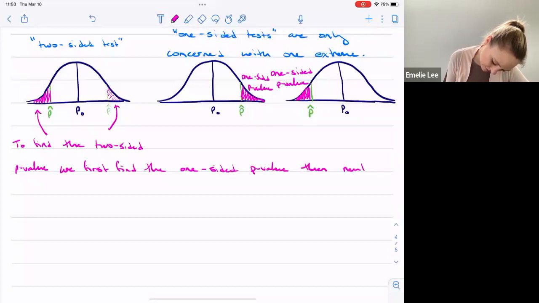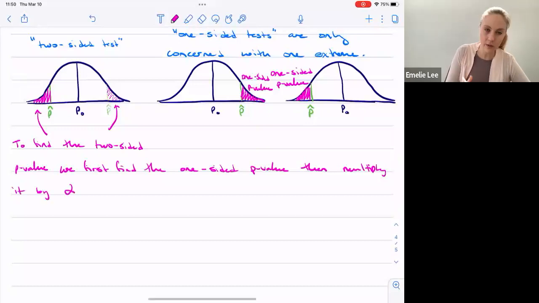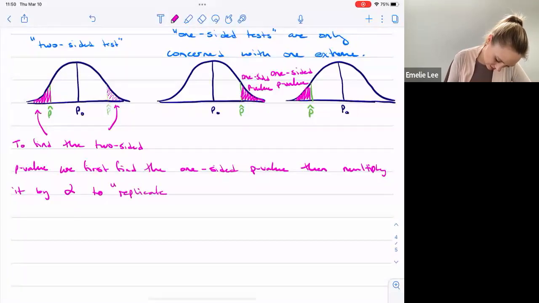Multiply it by 2 to replicate it in the other tail.